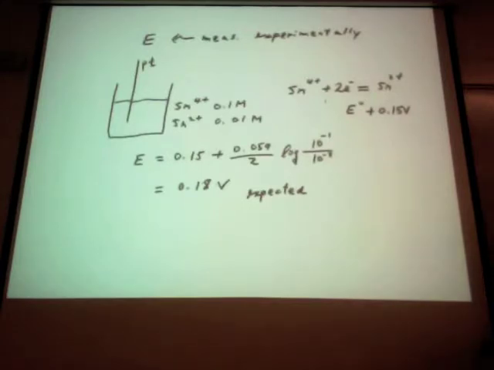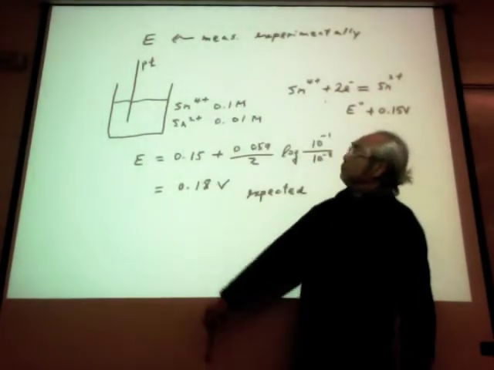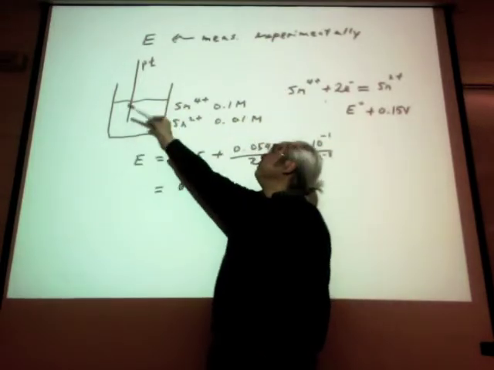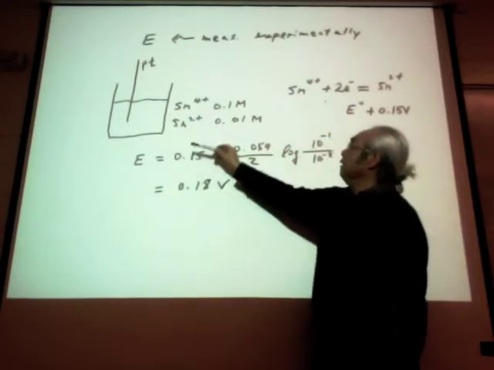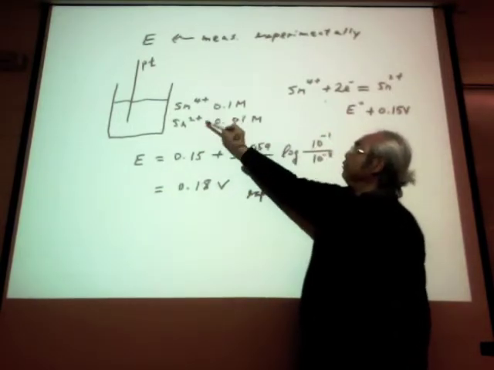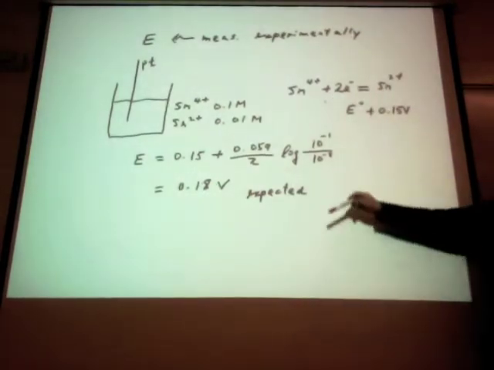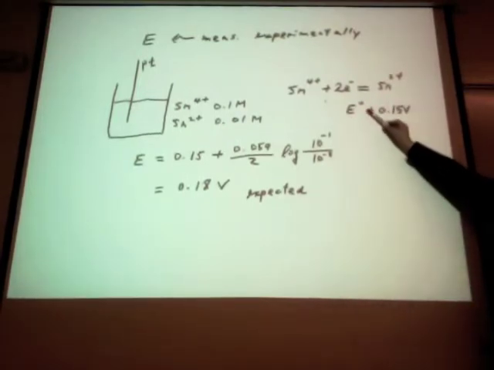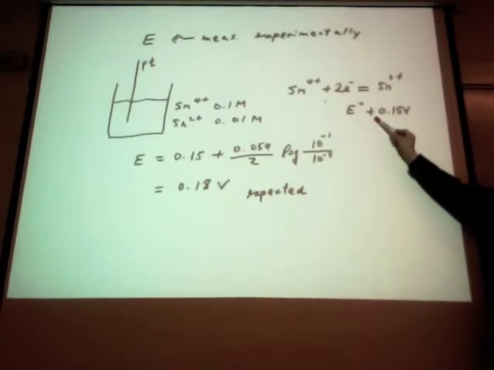Okay, the meaning of that, right? E represents the experimental quantity. So let's say this is your electrode. You put a conductor, then this is your couple, oxidized and reduced forms. When you write the half reaction, this is what it is. Then when you look up the table, this is the sign and magnitude.